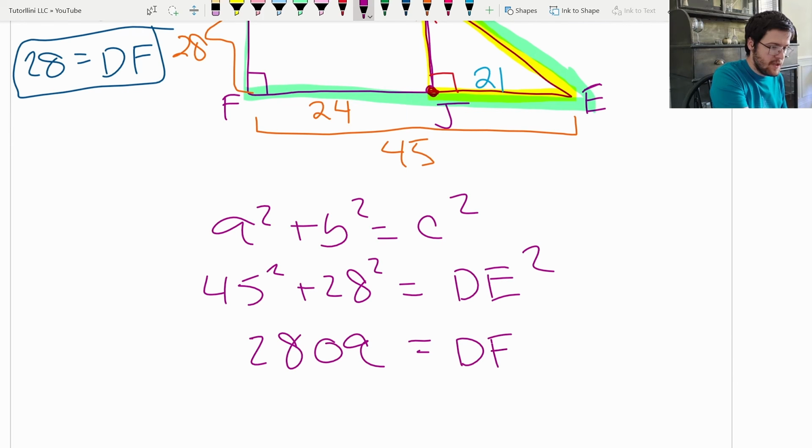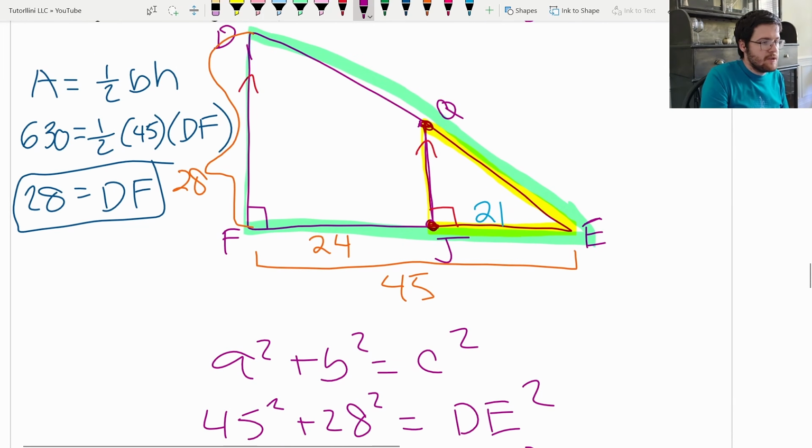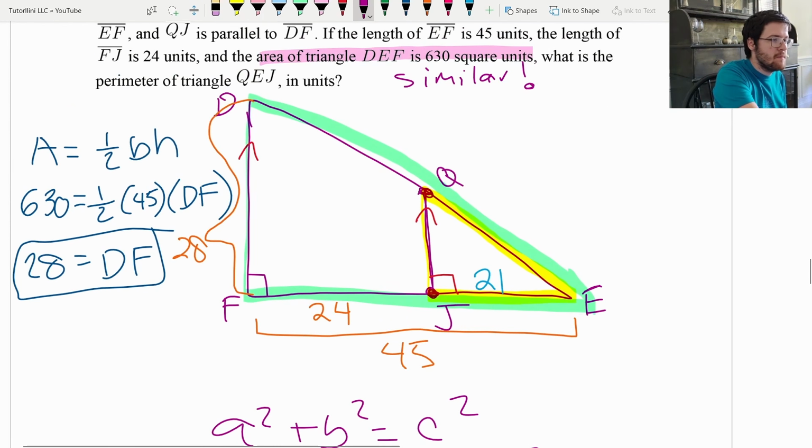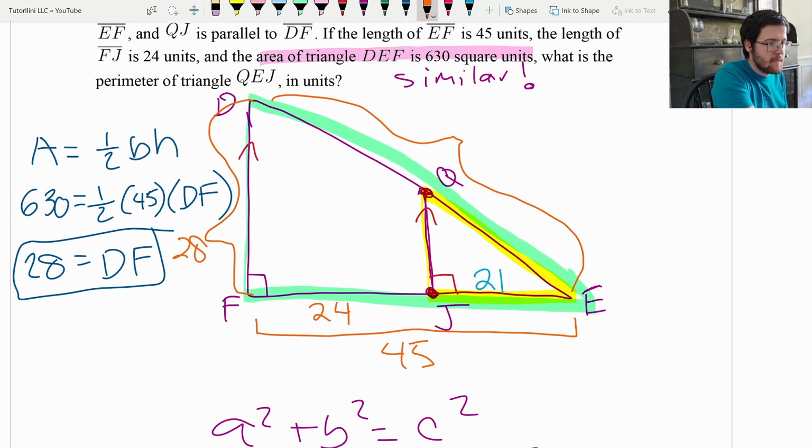Then I take the square root of both sides and I get 53 is equal to DE. Okay, so this guy is equal to 53.